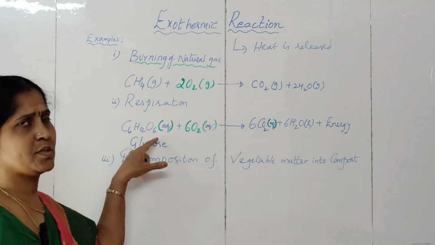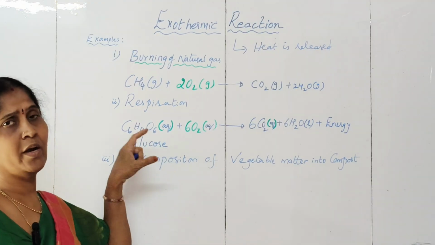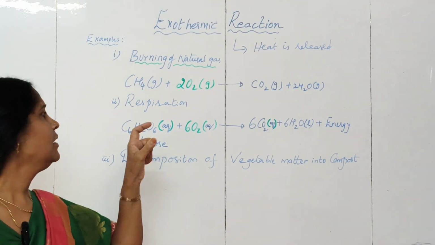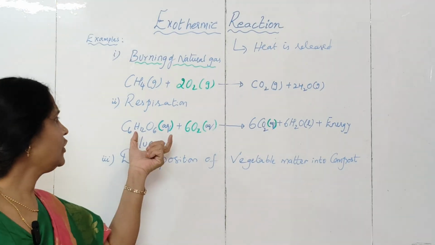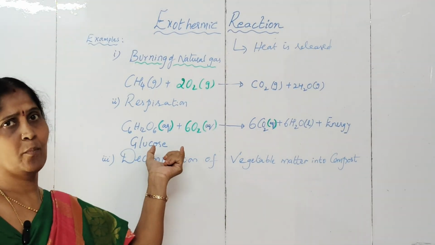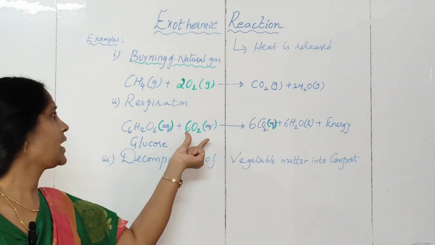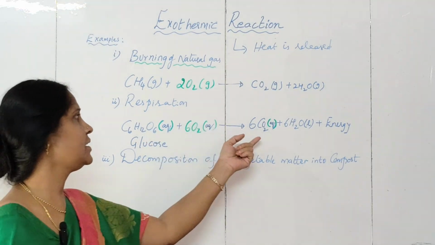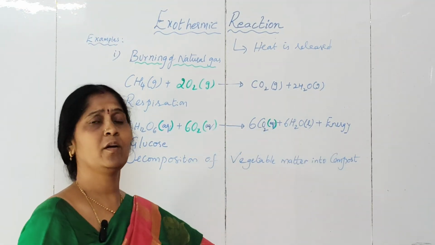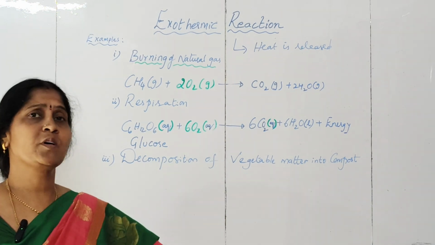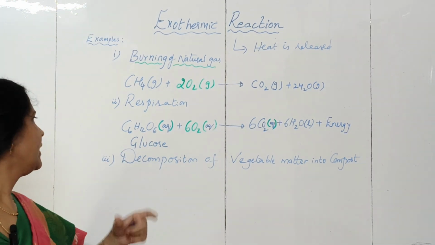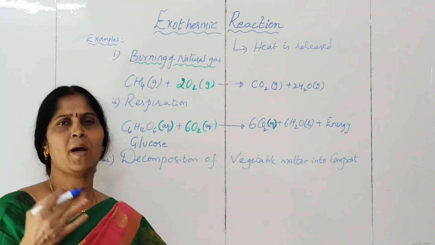The glucose that is formed from the carbohydrates which have been broken down will combine with oxygen and result in the formation of carbon dioxide, water and also energy. This is a very good example of a physiological process which is exothermic in nature. The next is decomposition of vegetable matter into compost.